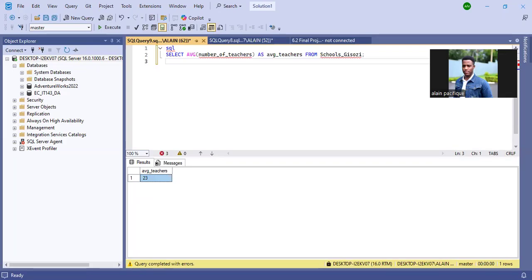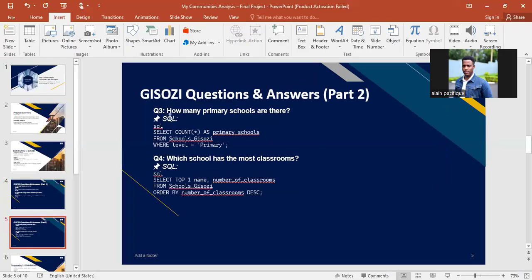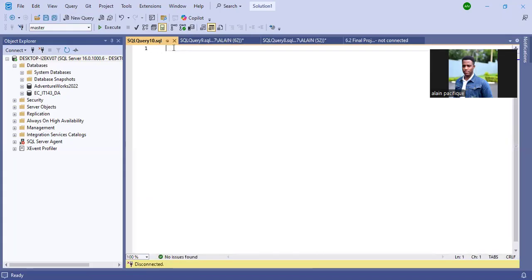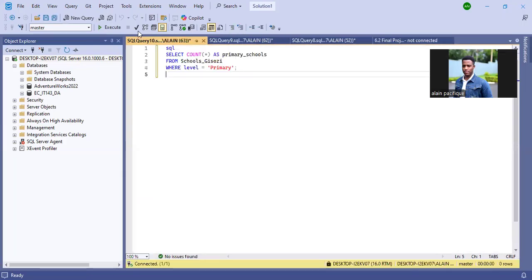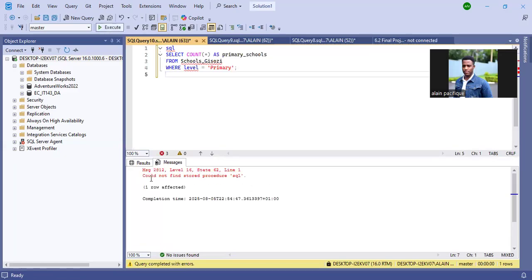Let's see the third question. It asks how many primary schools are there. Adding the question and executing.